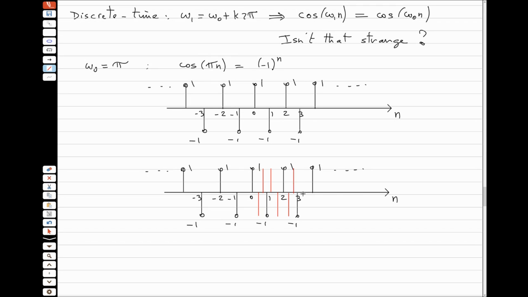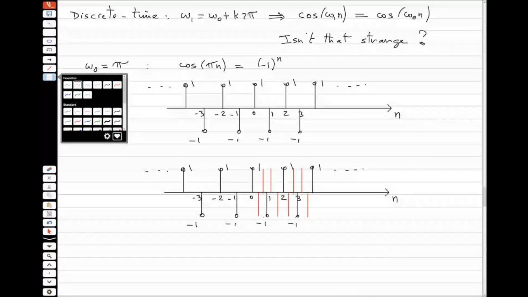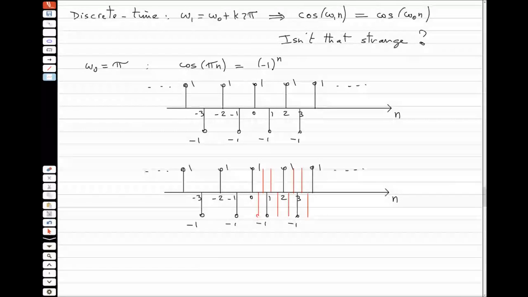Yes, it oscillates faster. You agree? Yeah, it oscillates faster. So those who said yes, here's the result. I make it faster.